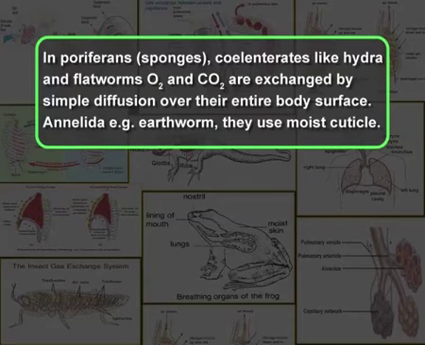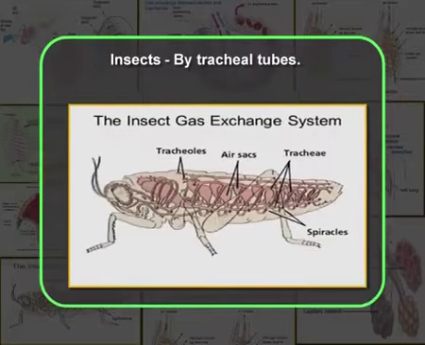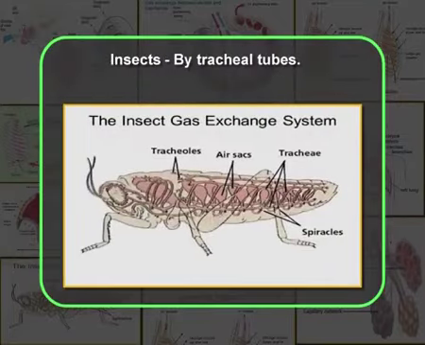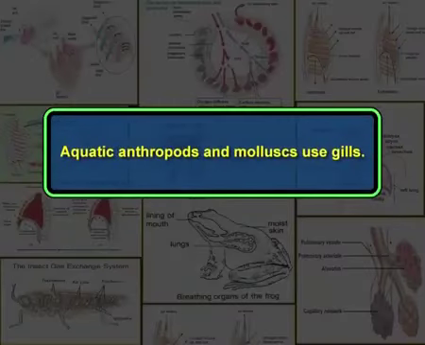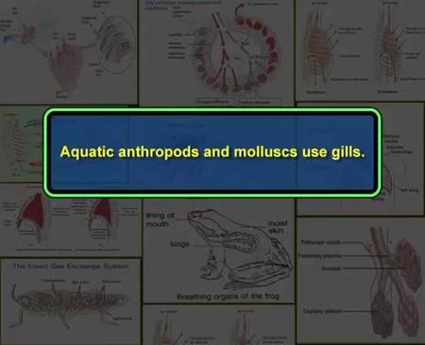Annelids, for example earthworm, use moist cuticle. Now, insects respire by the tracheal tubes and there are spiracles in the insects which open into the tracheal tubes and then respiration takes place. Now, aquatic arthropods and mollusks use gills for respiration.